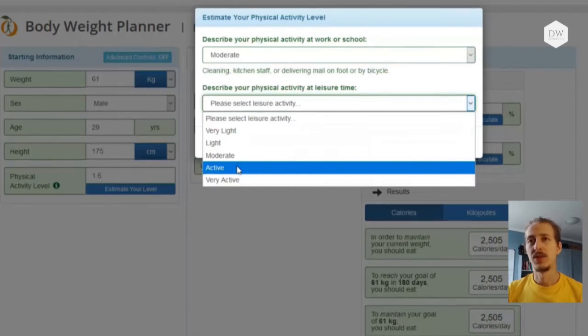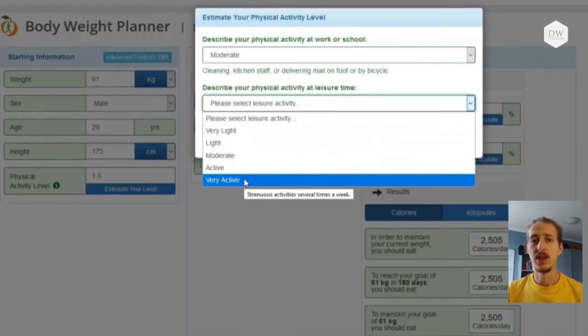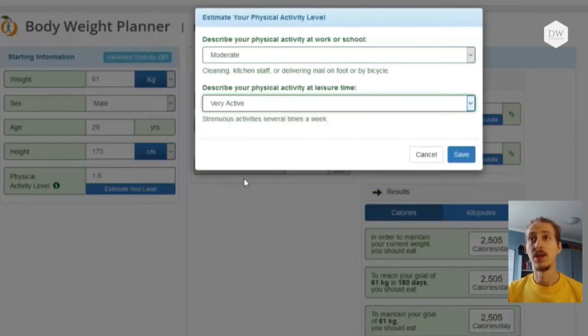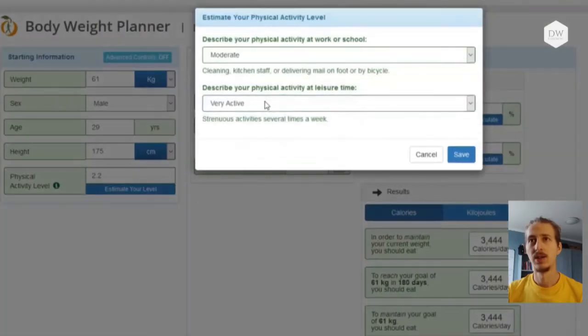Probably most people who exercise 3 to 5 times a week would choose active. If you are exercising about 60 minutes a day, 5 or more times a week, and these are also some hard sessions, like 3 to 4 times a week, I would choose very active. You can always change it in the future, but this would give you a good estimation. So you see physical activity level 2.2. That was moderate plus very active.